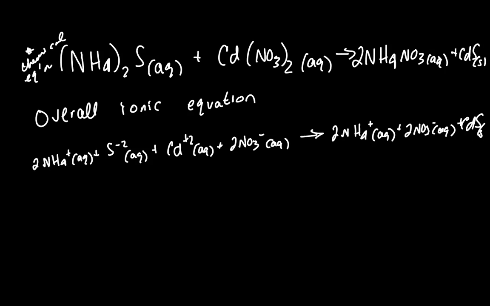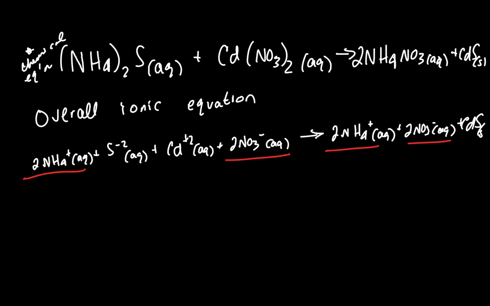So if we look at the left-hand side versus the right-hand side, you will notice that there are two ions that are present as ions on both sides. So in essence, they have not changed. Nothing has happened to them. That is ammonium and nitrate.